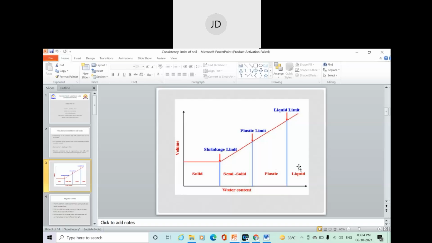The soil behaves like a liquid, it will flow like a liquid, if the moisture content crosses the liquid limit.